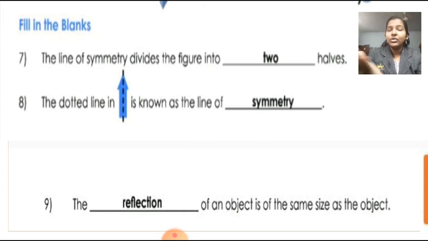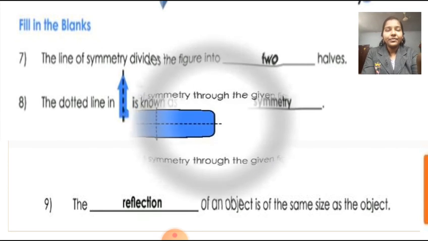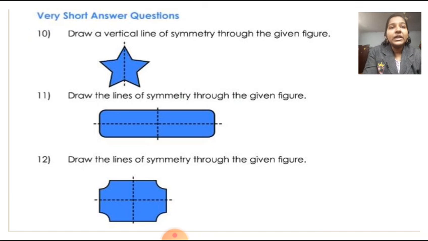So the size is different after the symmetry, isn't it? But in reflection, the size of the object becomes the same after reflection. So you can write here the answer is reflection. Okay, children? All right.